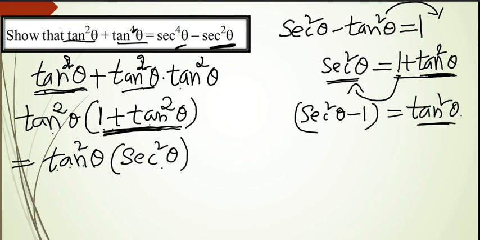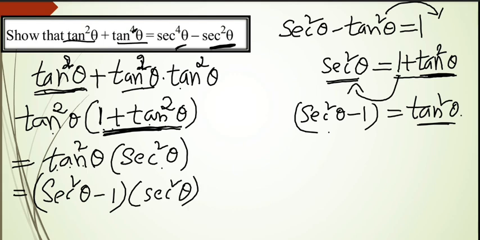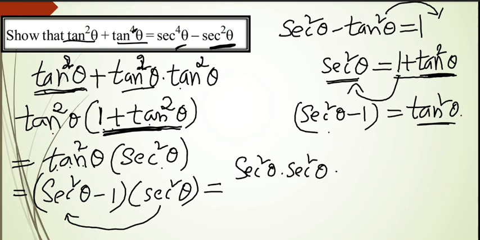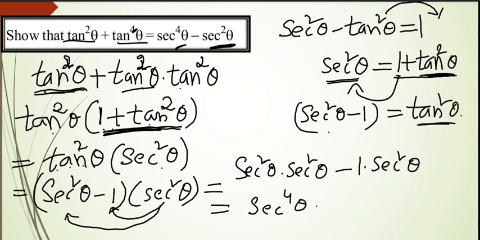That means whenever tan square theta is there we can write (secant square theta minus 1) into secant square theta. So observe that all is converted into secant. Multiply this secant square theta with this secant square theta: secant square theta into secant square theta minus secant square theta into 1. So it becomes secant power 2 plus 2, that is 4, theta minus secant square theta, which is our RHS value.